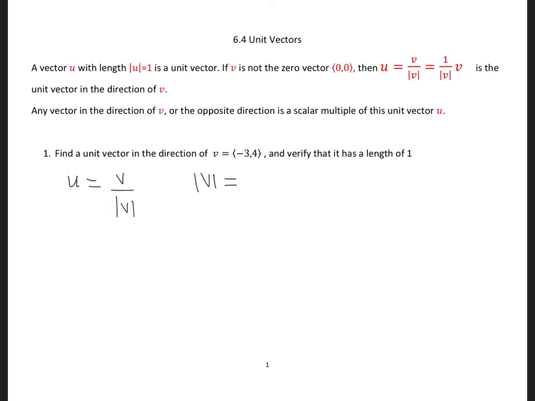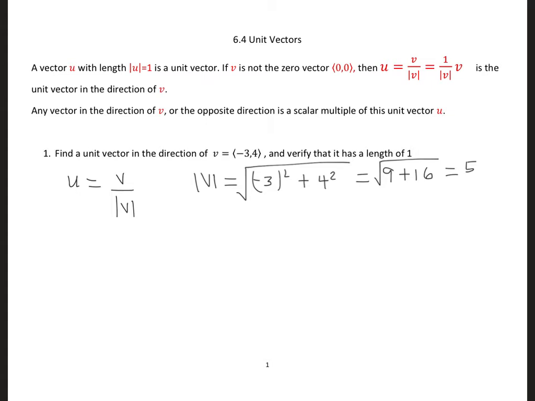To get the magnitude of v, we take negative 3 squared plus 4 squared. We're going to find the square root of that, which is equal to the square root of 9 plus 16, which is equal to 5.